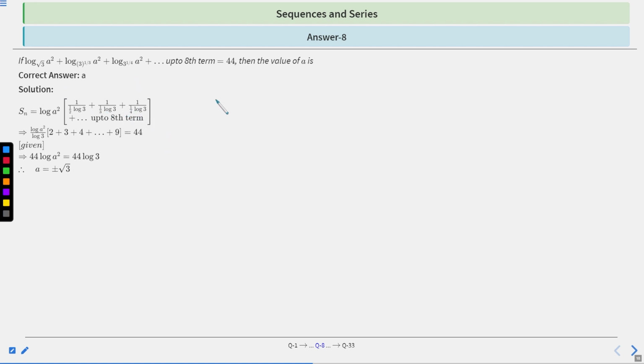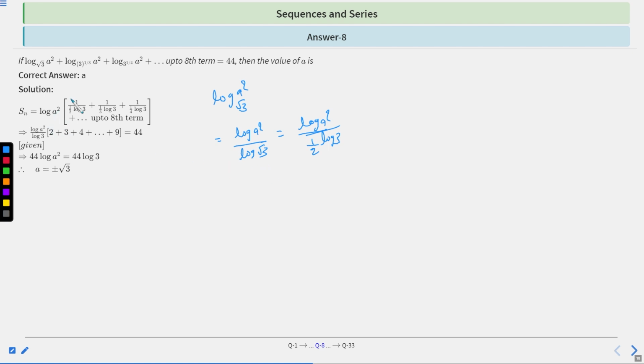See, log root 3 a square can be written as log a square upon log root 3, which can be broken as log a square upon 1 by 2 log 3. So all the terms can be broken like this.